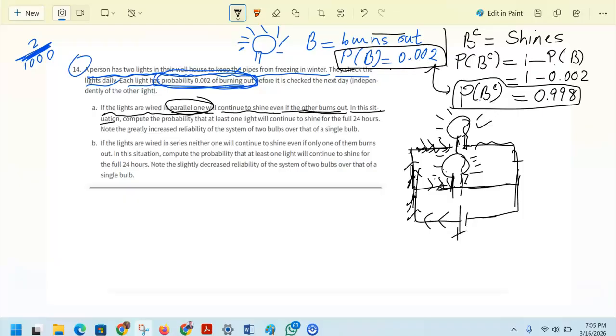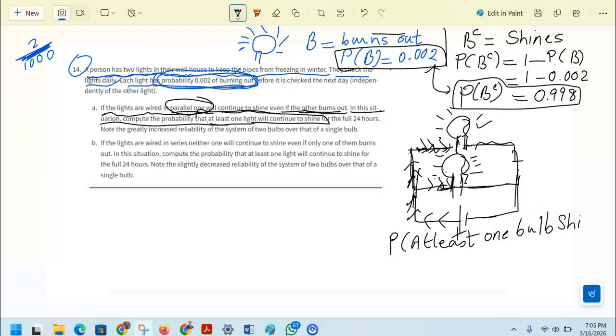In this situation, compute the probability that at least one light will continue to shine. This is important. We want to know the probability that at least one bulb shines.